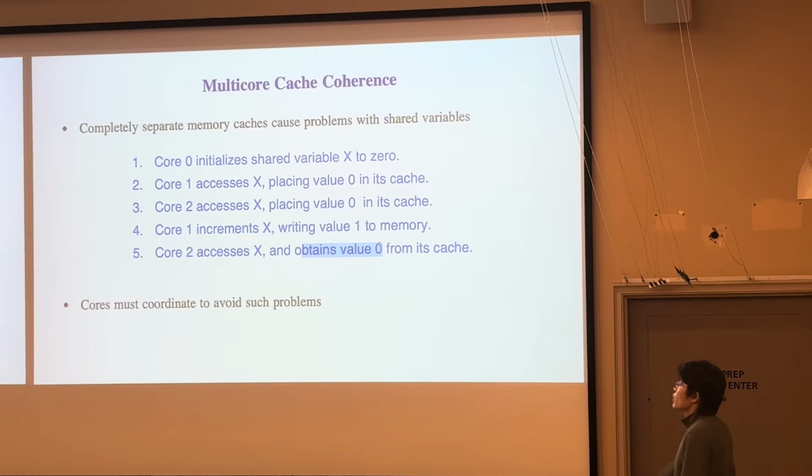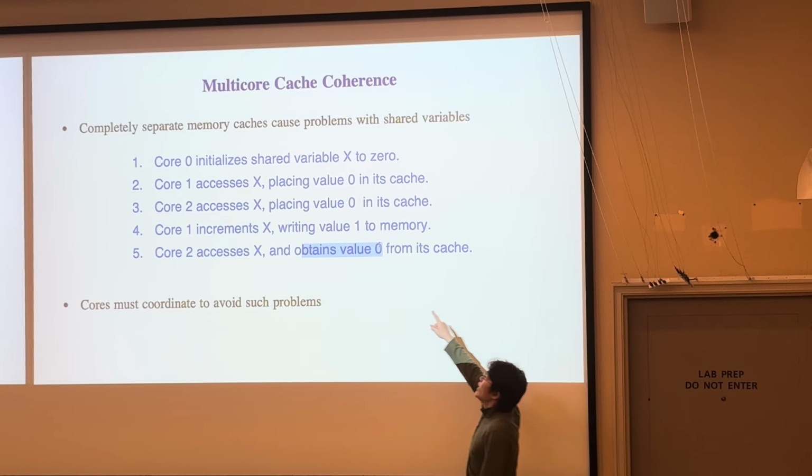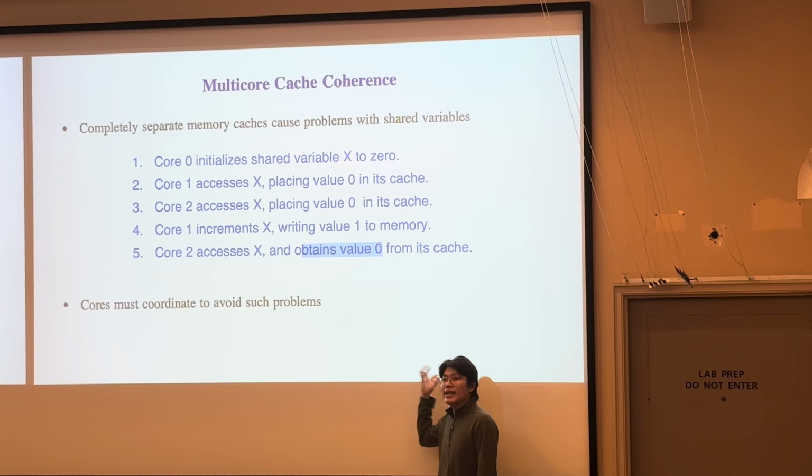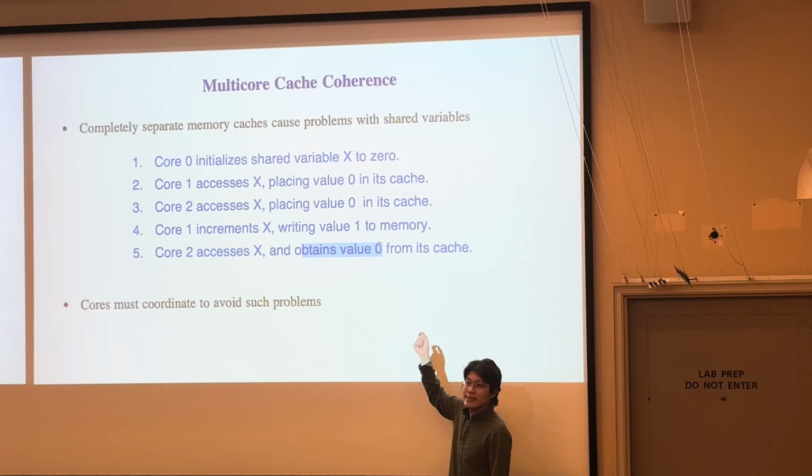So in this step, core 1 increments this variable to be 1, but core 2 does not see it, because in its local cache it still sees the old value, the stale value of x. So the coordination among these cores and their caches needs to be implemented to make sure that this data is consistent among the caches.